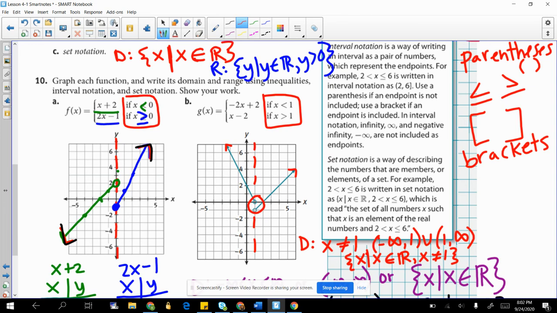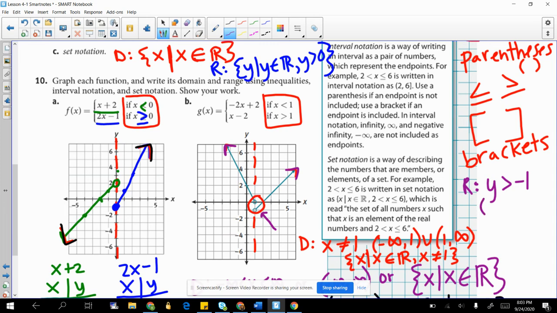And then hopefully, if you guys don't mind, I'm going to do the range up here. I'm running out of space. So now our range, both of these point up, and there's nothing pointing down. So we need to look at where the lowest point is, which is right there. And that looks like it's at, you want to look at your y values. So that's at -1. So we would say y is greater than, and it's an open circle, so we can't put the equal, -1. And that's your inequality form.